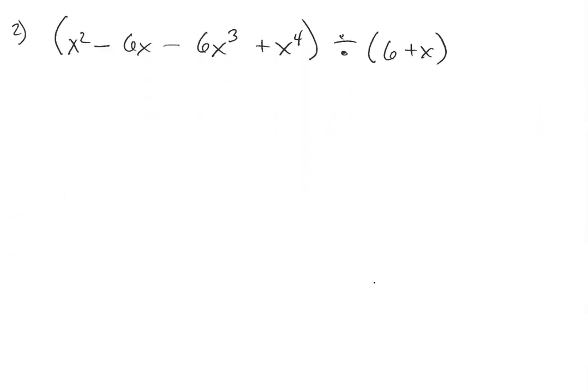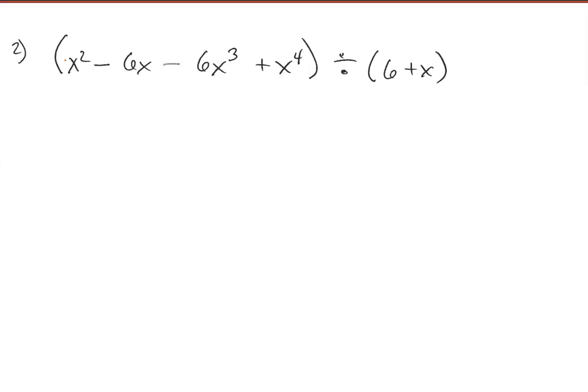This next one begins with a polynomial in parentheses, written as x squared minus 6x minus 6x cubed plus x to the fourth, and then we're dividing that by another polynomial in parentheses written as 6 plus x. Now we have a little housekeeping to do in this example, kind of like we did in the previous one, and that is we want to make sure to put things in descending order.